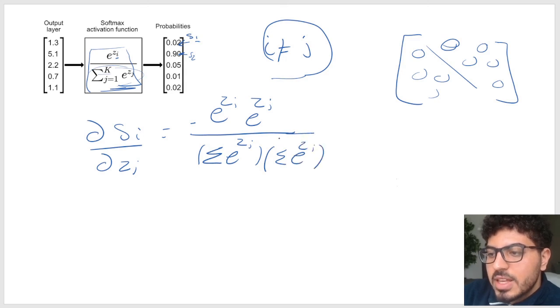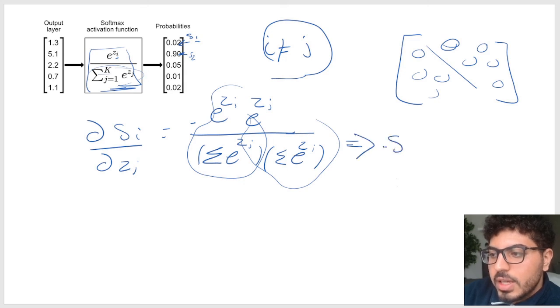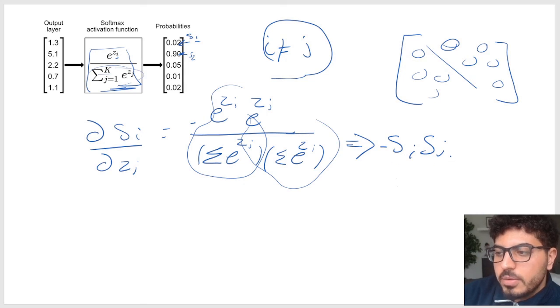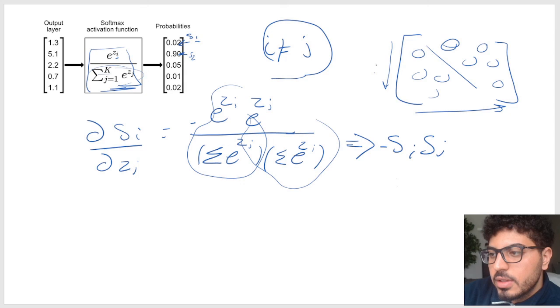And from the previous example, this is Si and this is Sj. So this entire thing simplifies to negative Si Sj. So the derivative of the softmax at any element that is not on the diagonal is negative Si Sj, where i and j are the indices of the matrix.